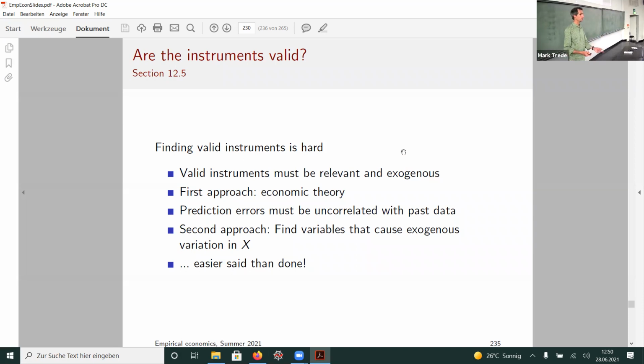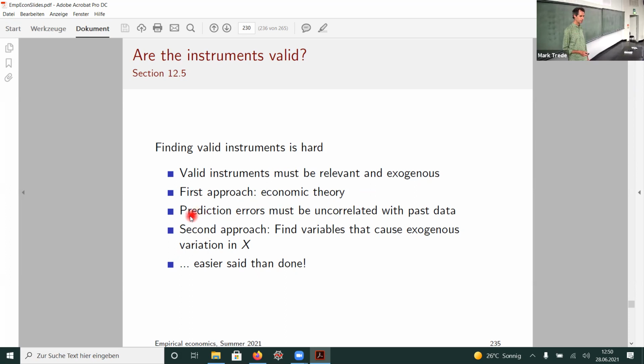So being economists, I mean, after all, you're not statisticians, you're economists, and you're interested in economic theory and validating economic theory from data. So the first approach is, of course, to use economic theory. And sometimes that actually works. So sometimes you could use economic theory to say that certain variables should be exogenous.